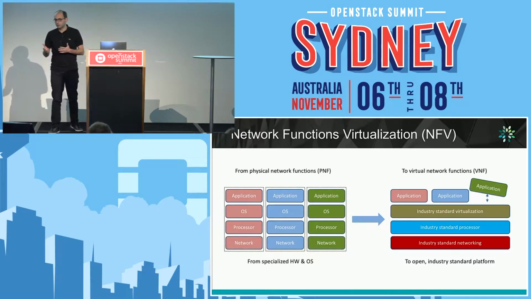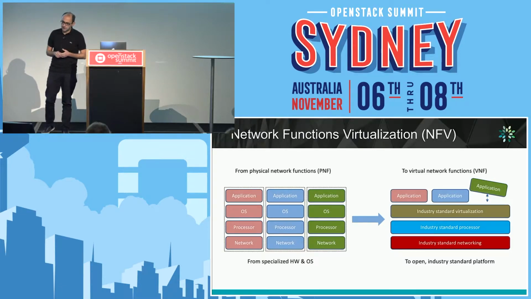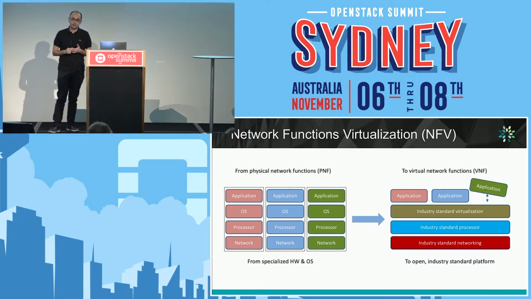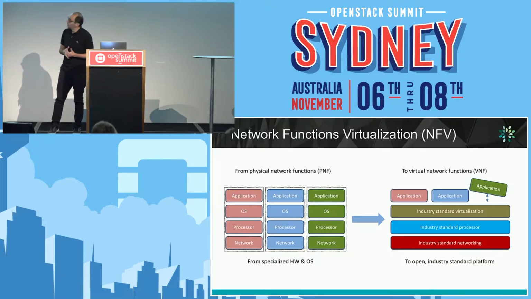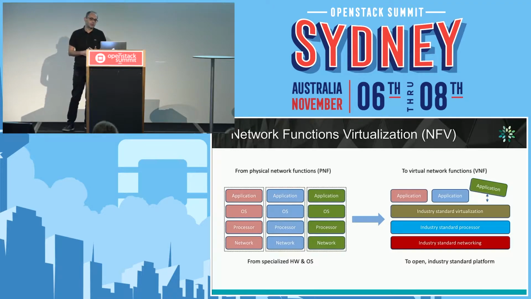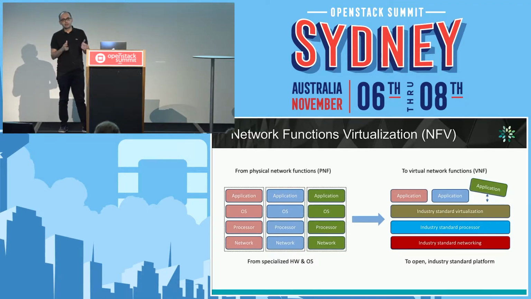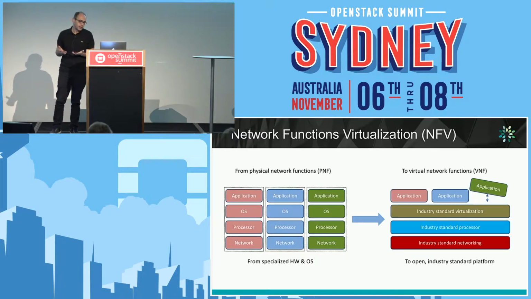deployed. Based on those conversations, as part of the OPNFV steering group, this type of architecture came up. It requires switching from purpose-built hardware to open hardware, and from purpose-built software to open source operating systems, and then you can simply put applications on top of it, enabling an open and industry standard virtualization platform for telecom functions.